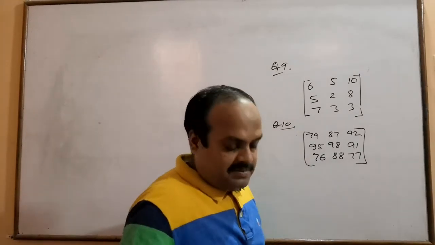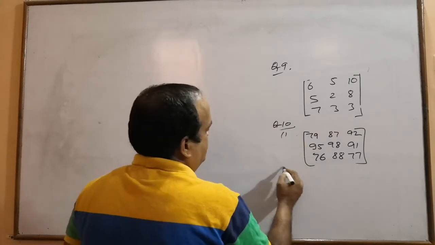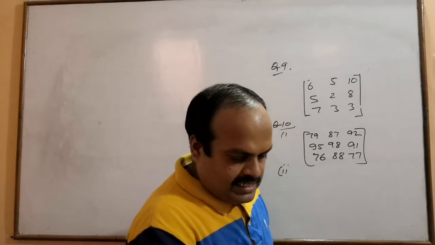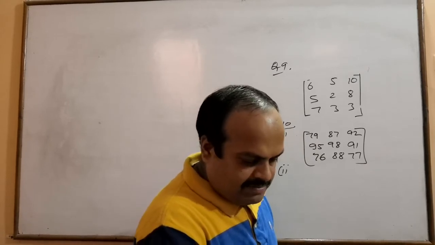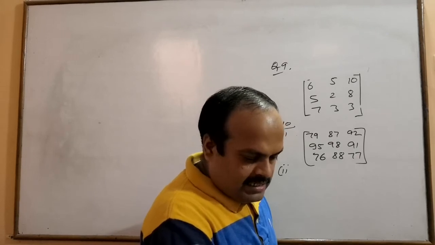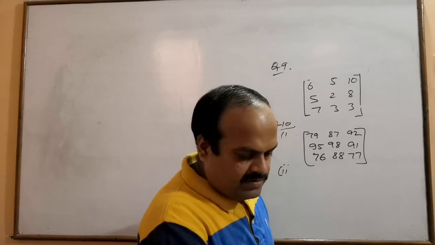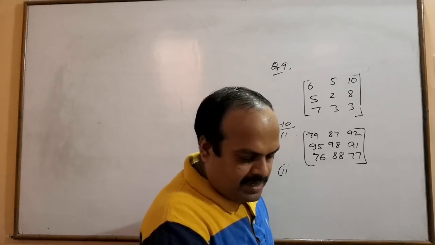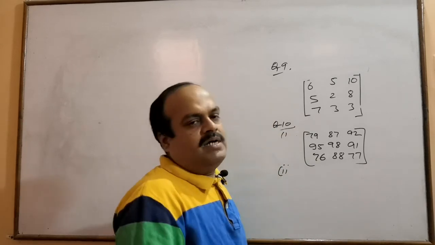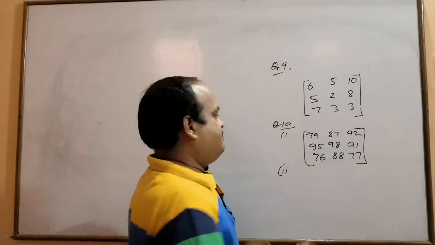Question number 10, second part, the last part of this exercise. If the price of a record is 30, of a bread packet is 1.5 and of a soap cake is 1.7, display the prices as 3 by 1 matrices. 3 by 1 matrices means 3 rows and 1 column.